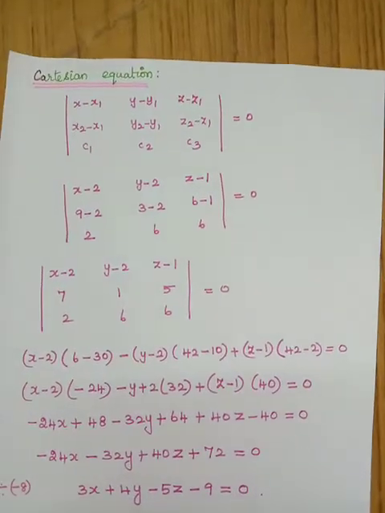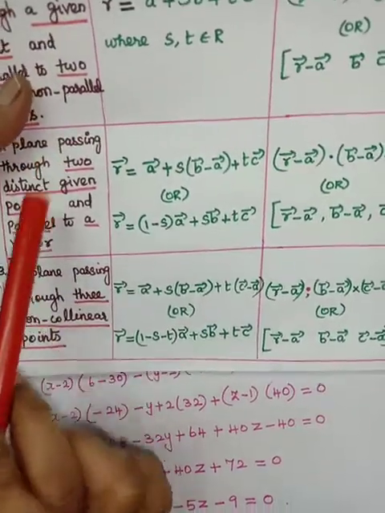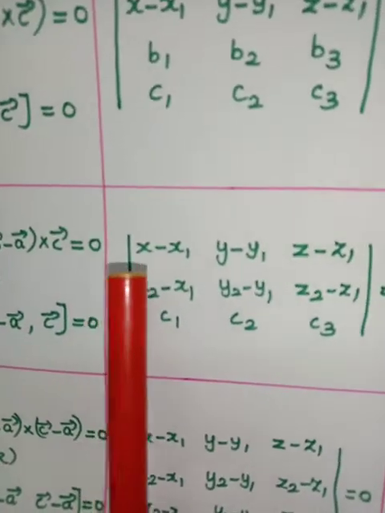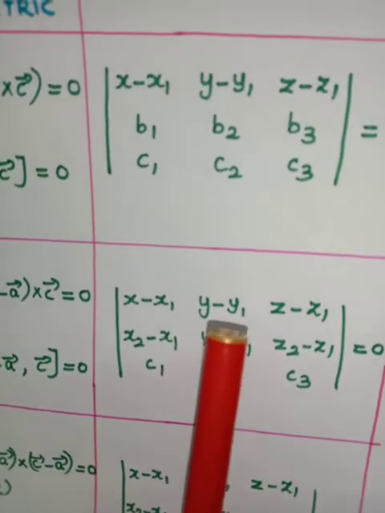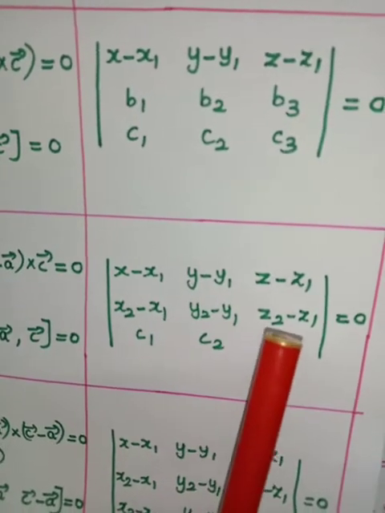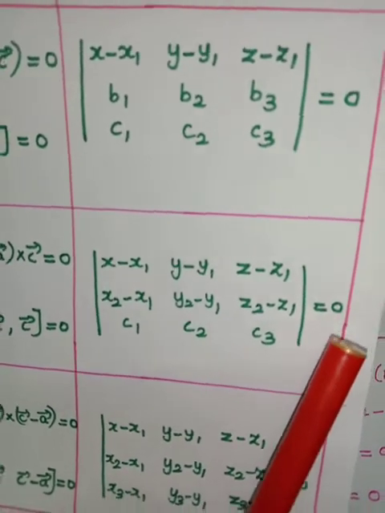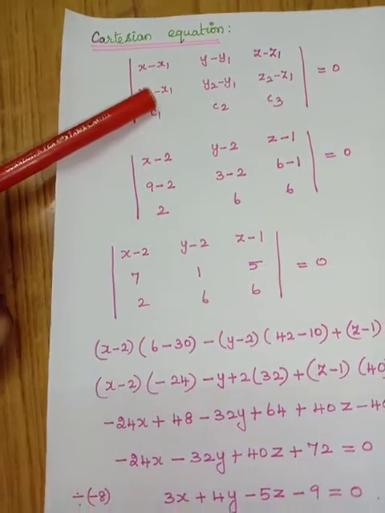So next one is asked what? Cartesian equation. So two passing points and one parallel vector is given. The Cartesian equation is the determinant with rows x minus x1, y minus y1, z minus z1; x2 minus x1, y2 minus y1, z2 minus z1; c1, c2, c3, which is equal to 0. So here we have written. Okay.